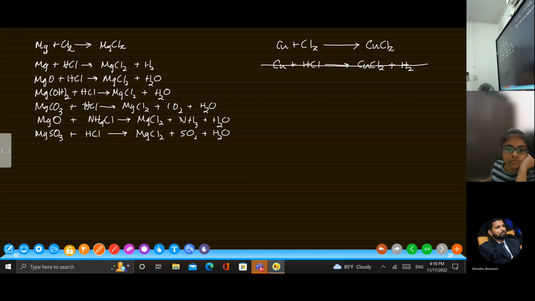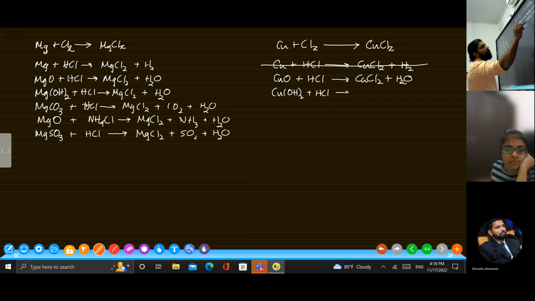Copper oxide plus HCl gives copper chloride and water. Then copper hydroxide plus HCl.